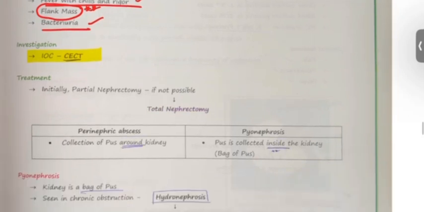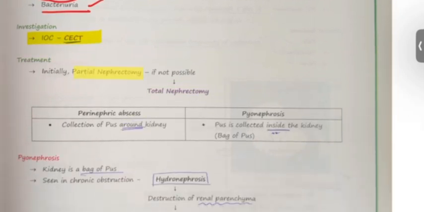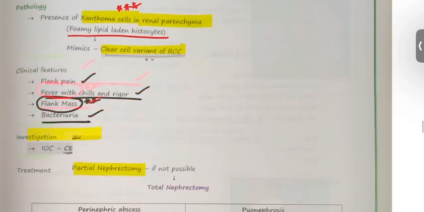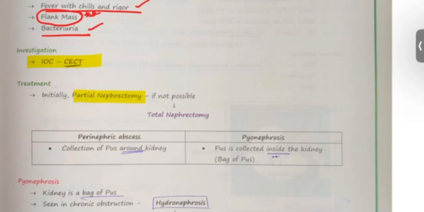Okay, after this, what will be the treatment? Initially, partial nephrectomy, because once the kidney has been damaged or it has reached a certain level, we can't do anything. We will have to remove a part of the kidney in order to save the rest of it. If partial nephrectomy is not possible, then we will have to go for total nephrectomy.